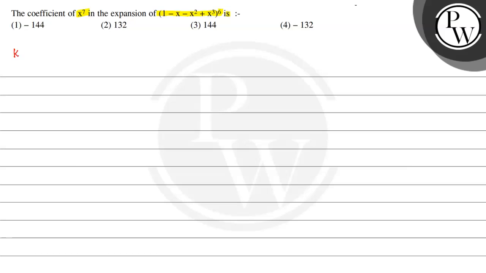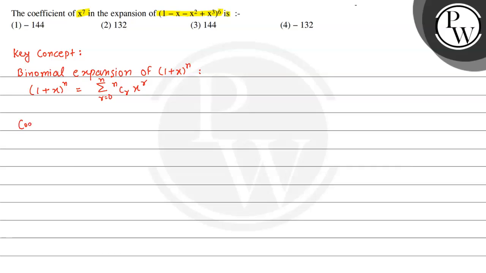The key concept to solve this type of question is the binomial expansion. The expansion of (1 + x)^n is given by the summation of nCr x^r, where r varies from 0 to n.